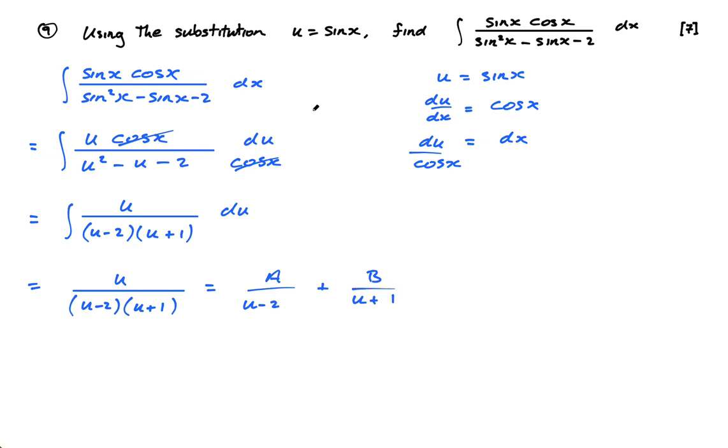Again, guys, if you don't know what I'm doing here, I suggest you go and watch my video on this. I can then say this is equal to u minus 2 times u plus 1, getting my common denominator at the bottom, and then a is multiplied by u plus 1, and b is multiplied by u minus 2.